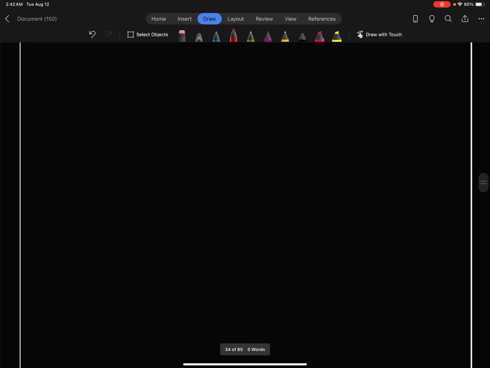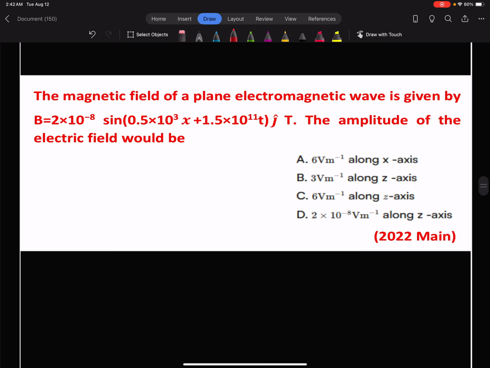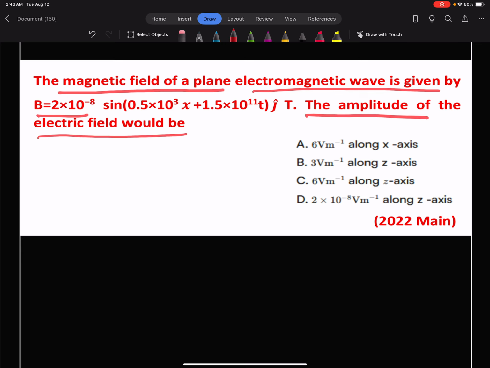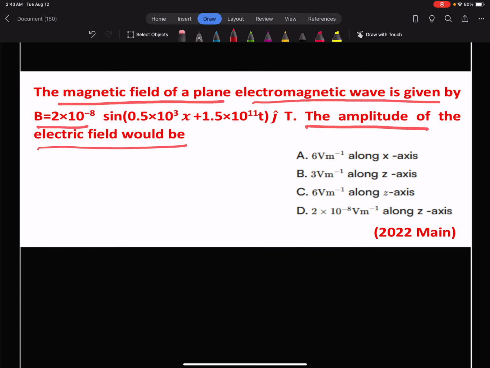It states that the magnetic field of a plane EM wave is given by the equation. The amplitude of the electric field will be. So amplitude we can easily find out by using the formula. The important part is finding out its direction. The magnitude of the magnetic field is 2 into 10 to the power minus 8.